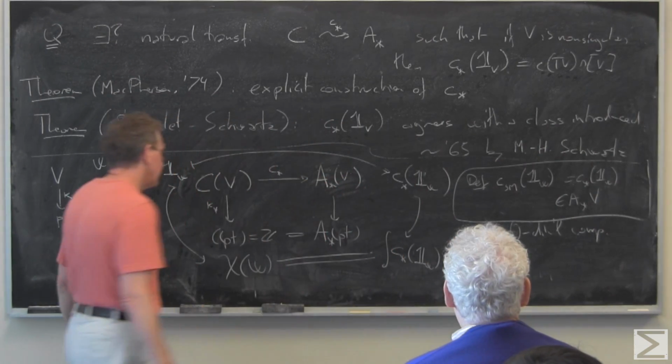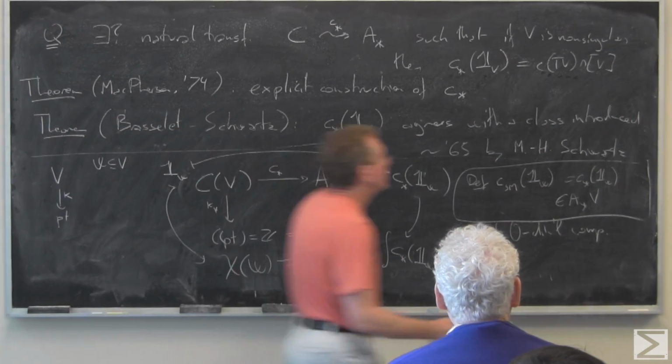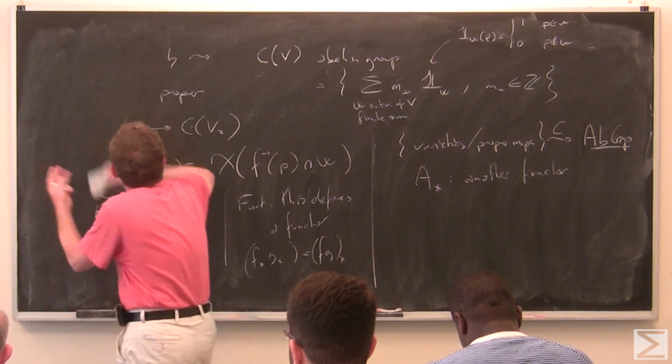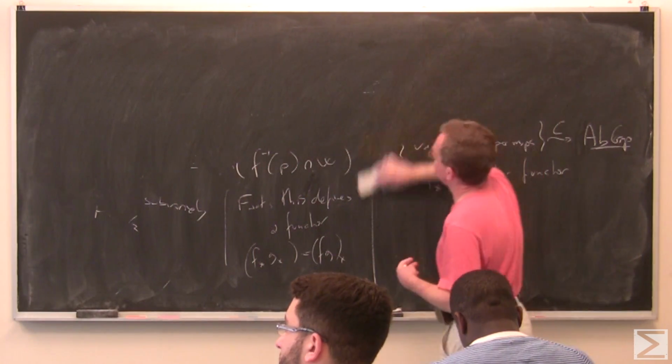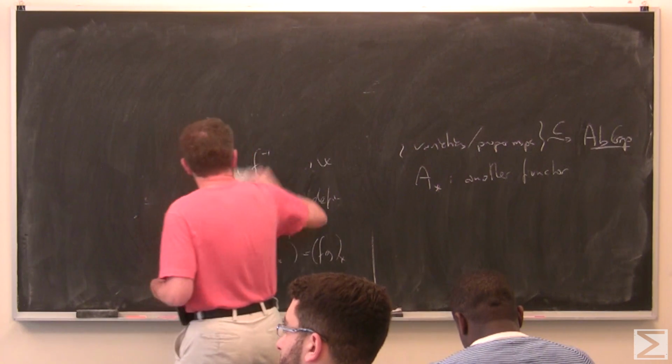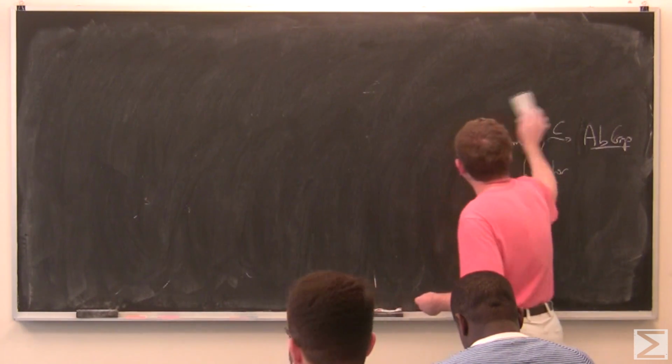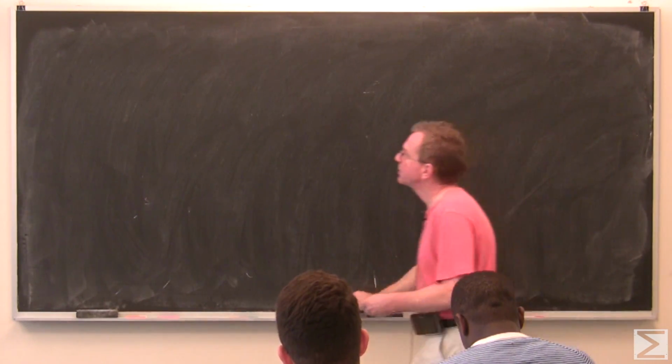Okay. What else can we say about this class? It is a natural transformation in particular. It's a nice homomorphism of groups as soon as you have chosen a specific variety. And this translates into this class having a nice inclusion-exclusion property.